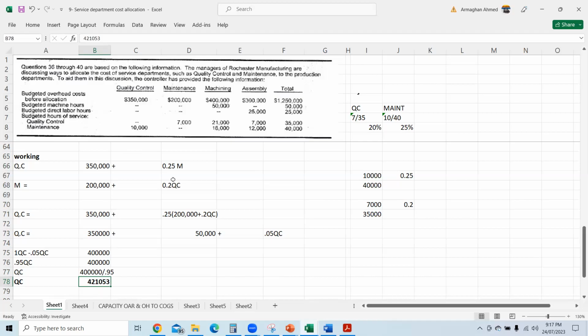So how much will be the cost of maintenance coming here? 421 total and 350 quality control's own cost. So how much is coming from maintenance? 71, right? 421 minus 350, 71 cost is coming.